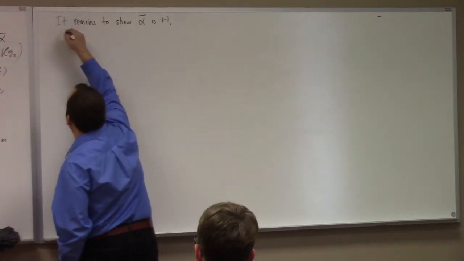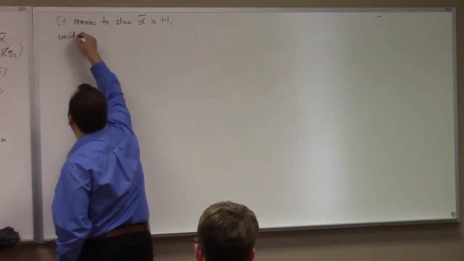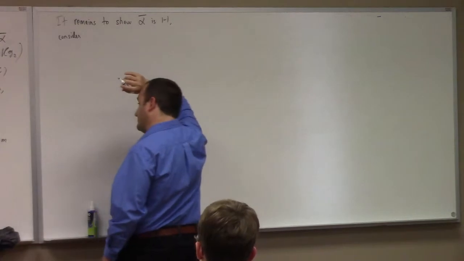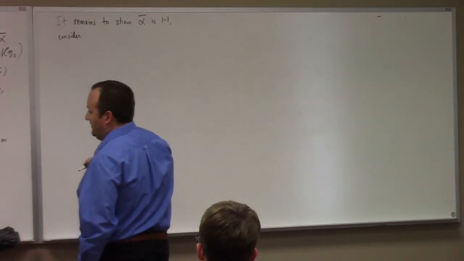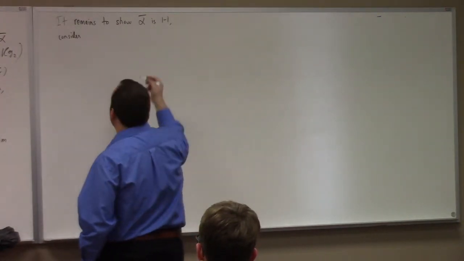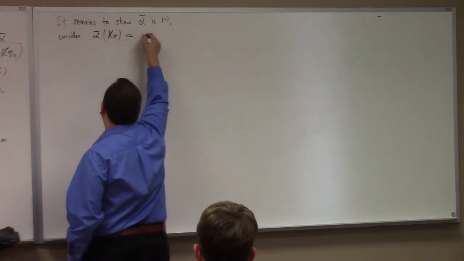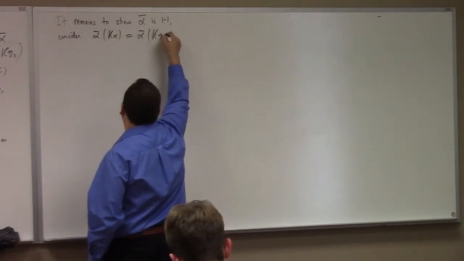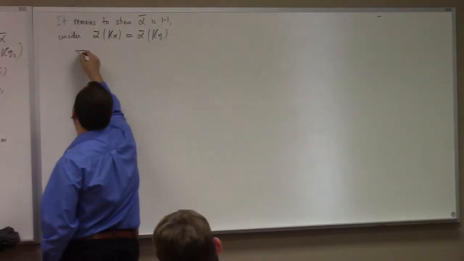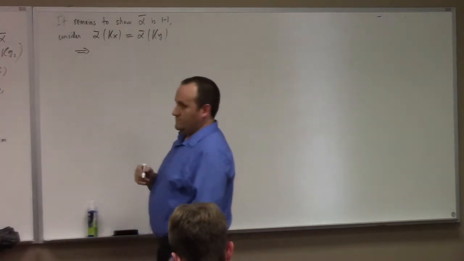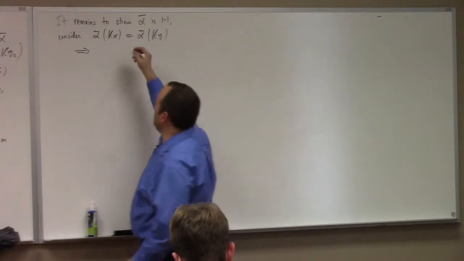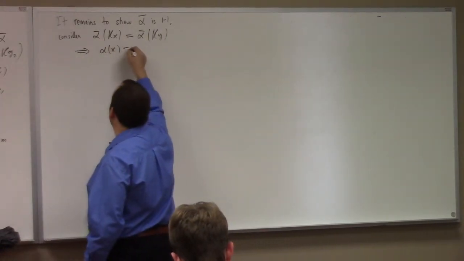So consider, let's see here. I guess we could do it directly. I'll just do it directly. Alpha bar of kx equal to alpha bar of ky. What's that mean? Alpha of x equals alpha of y, right?